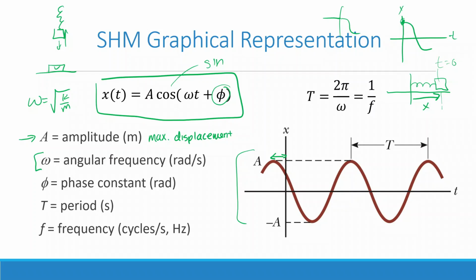Now, when you have a positive value for phi, that represents that the graph has been shifted to the left. If you have a negative value for phi, that means it has been shifted to the right. Of course, sine and cosine are offset by pi over 2.